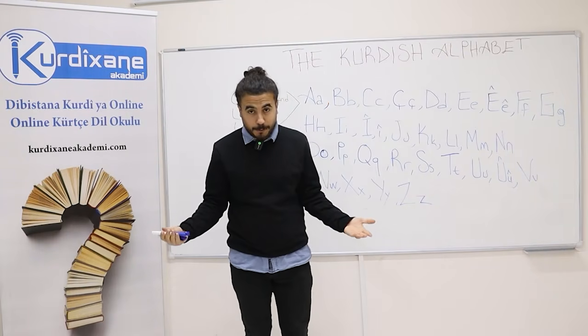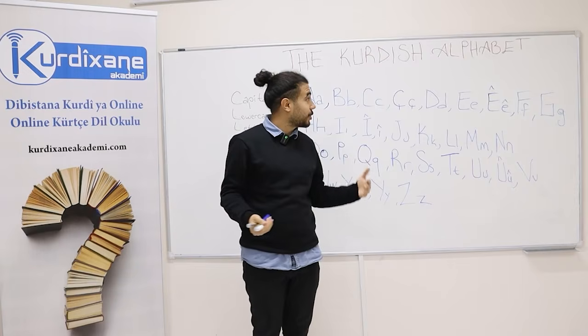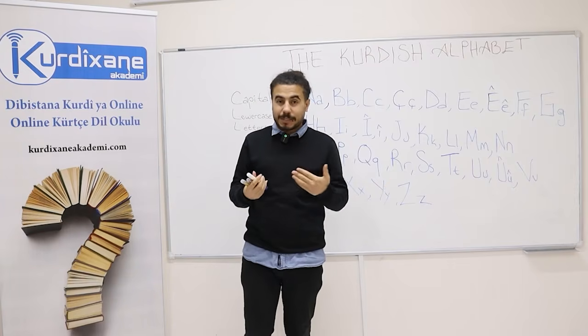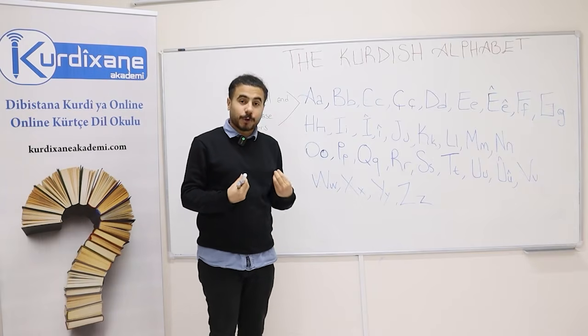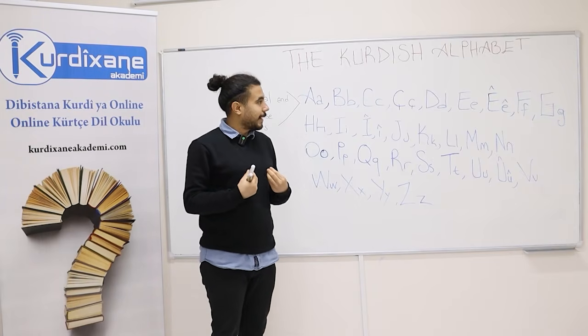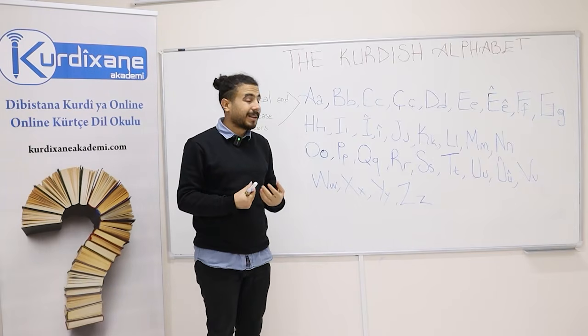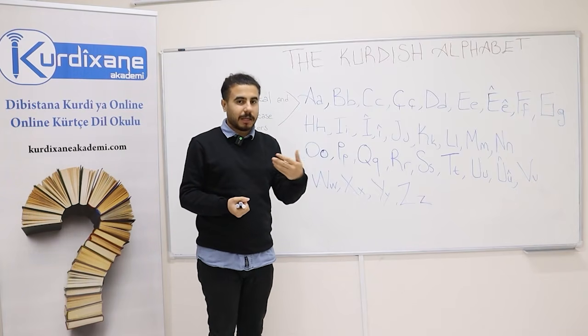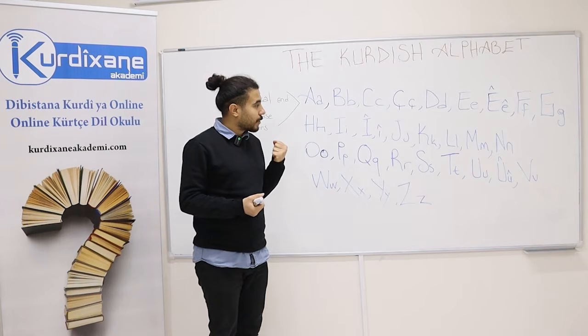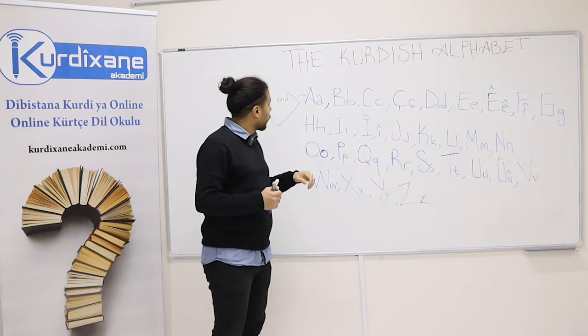In our first video, we are going to learn the Kurdish alphabet. And as you can see on the whiteboard, the Kurdish language, the Kurmanji dialect, and the Zazaki dialect as well, is written in the Latin alphabet, just like English and Turkish. So let's get started.